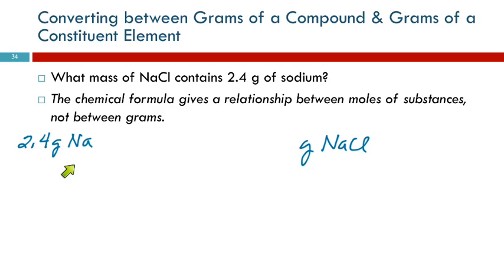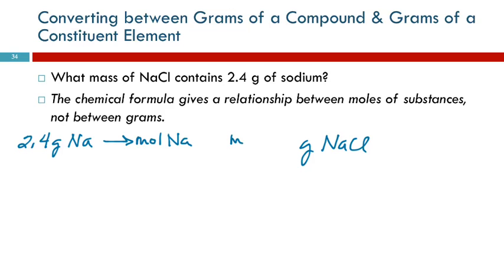Could we figure out how many moles of sodium are in 2.4 grams of sodium? Yes, we could. We just learned how to do that. We can go from grams of sodium to moles of sodium, because we know that 1 mole of sodium weighs 22.99 grams.